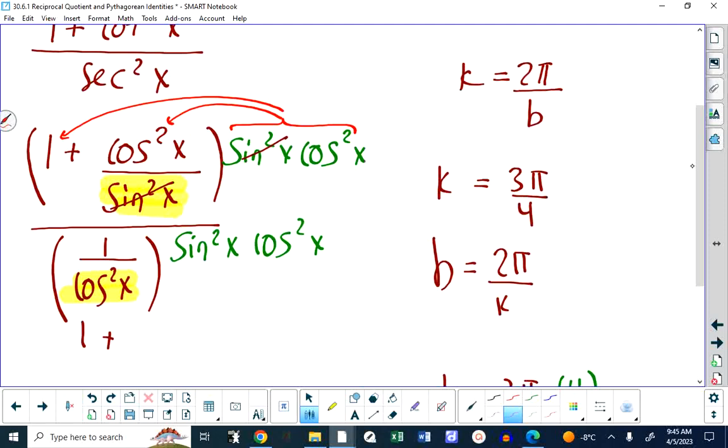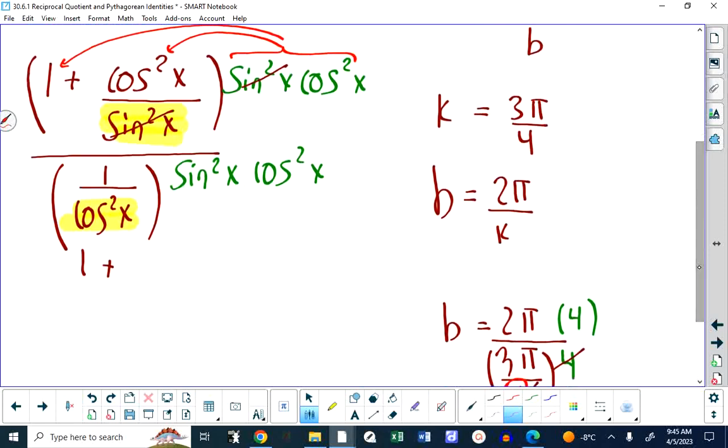There's more involved here. So what I'm going to get on the top will be the sine squared. I really don't even like putting these in here. I'm going to have sine squared x cos squared x times 1, which is sine squared x cos squared x.